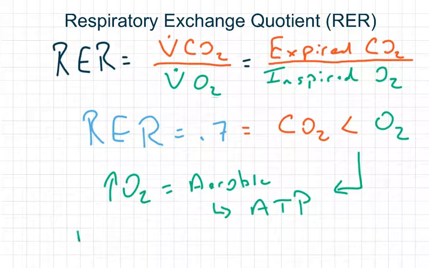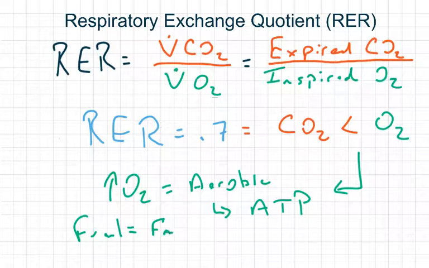Well, that fuel source is going to be fats. Now, there is a fancy calculation to show you how we get to this number of 0.7, but we're not going to get into it. You can find that in the textbook. But it is important to understand that you really don't see the RER less than 0.7. It can range a little bit, but on average, it doesn't get any lower than this.